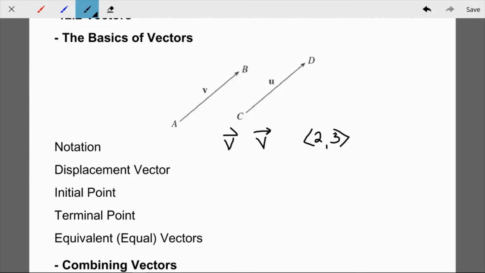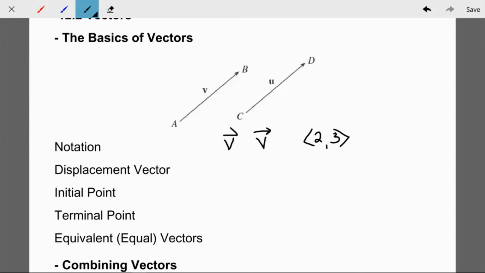Okay, so we've got the idea here of a displacement vector. Keep in mind, a vector is an object that has a direction and a magnitude. So when I talk about a displacement vector, I'm not just talking about where did I finish and where did I end up.